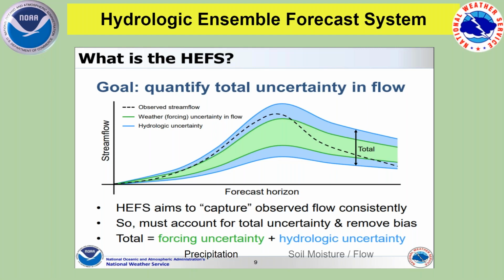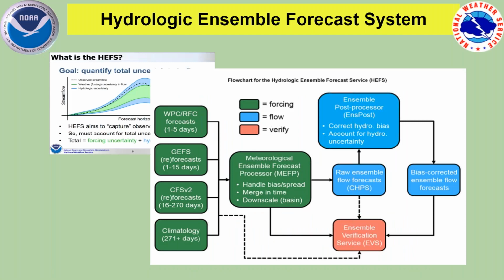But there is also hydrologic uncertainty that needs to be addressed, whether it's soil moisture, maybe flow in between river gauges. There may be some inputs and outputs that you can't account for directly, but we do our best to model those. And we also want to, as much as possible, remove any biases in either one of those sources of uncertainty.